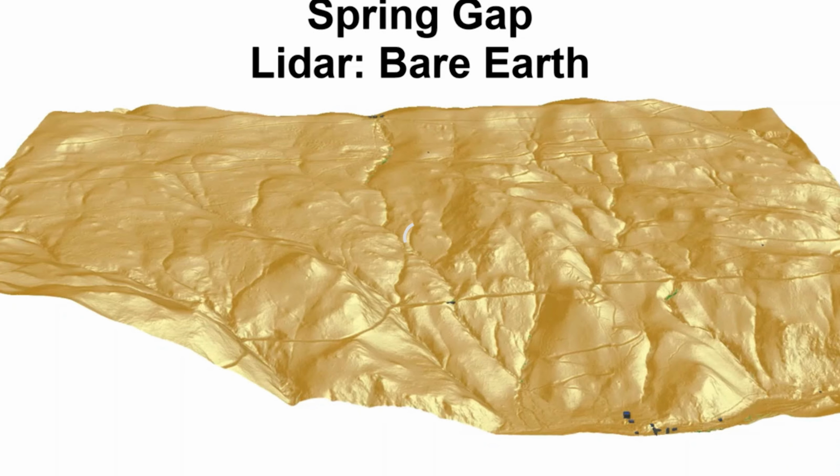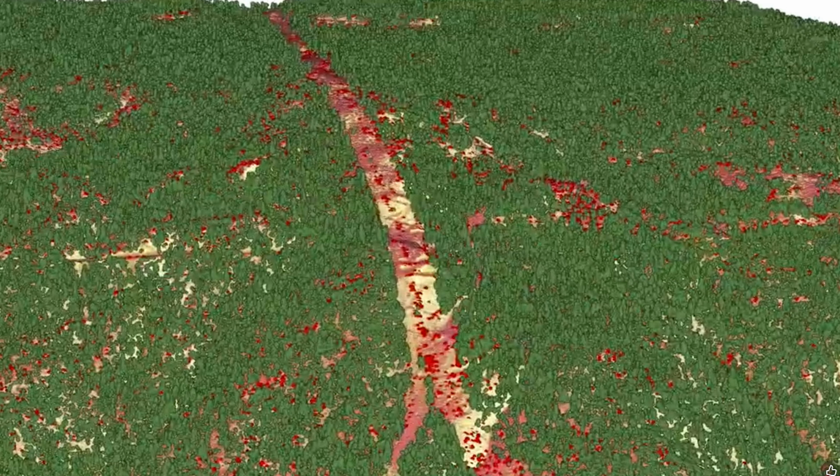And in one of the week 1 assignments, I've got you guys just watching a 3-minute video of a LiDAR derived vegetation map up at Spring Gap, just off Highway 108. And it's PG&E land. And it was kind of a proof of concept.